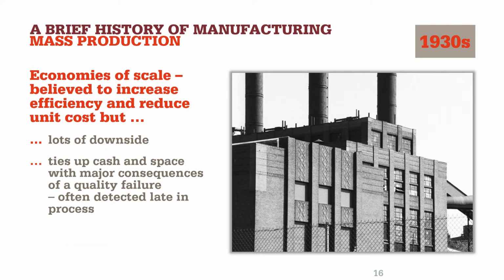Ford's approach to manufacturing was based on the belief that economies of scale provided efficiency and lower cost. And while he produced lots of cars all the same, that was probably true. Production was characterised by large batches of components being made on machines for maximum efficiency. We might have grouped lots of similar technologies, so a shop full of lathes, grinding machines or whatever, so that again efficient production could be organised within one technology.